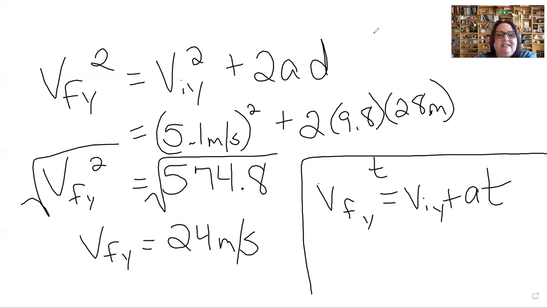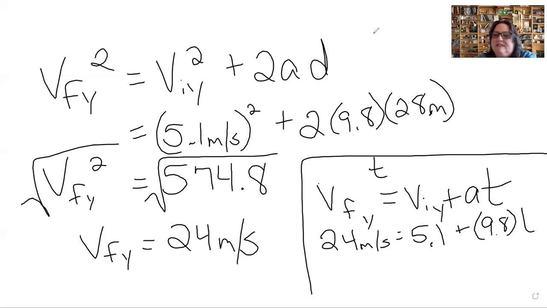So we can just plug this in, and we have 24 meters per second equals, what do we have, 5.1 meters per second plus 9.8 times t.